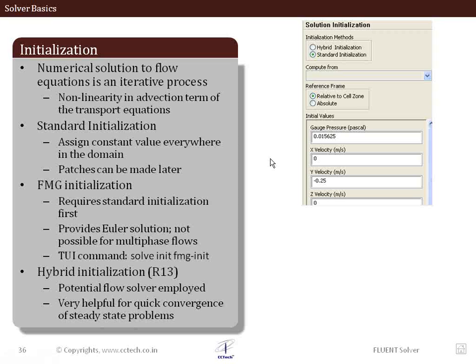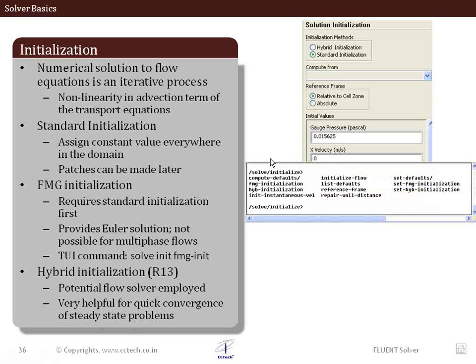And the other option that was included not so long ago was the FMG initialization, which is very helpful for compressible flow calculations, so that you can have a better approximation, better starting point. This has to be implemented using the text user interface. You have to type solve space init space fmg minus init.